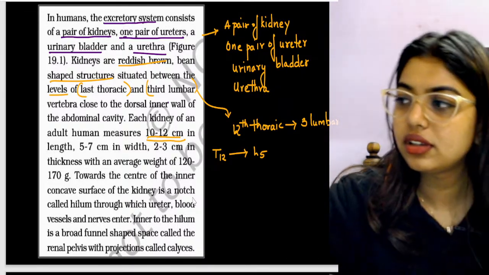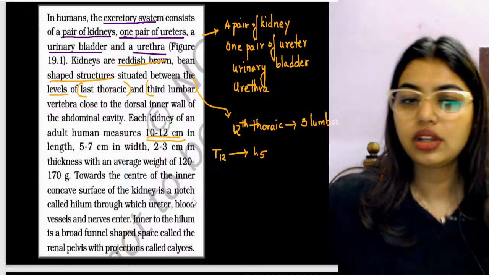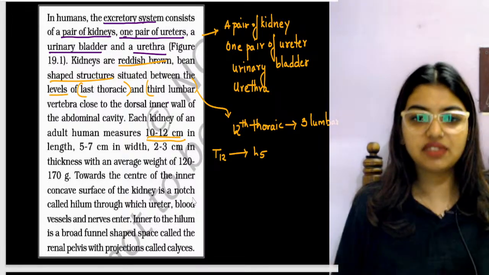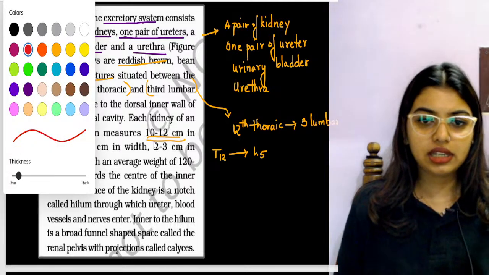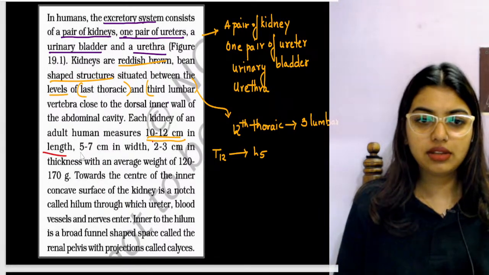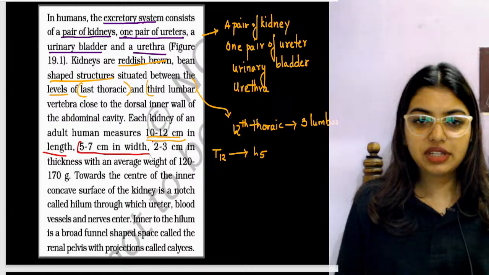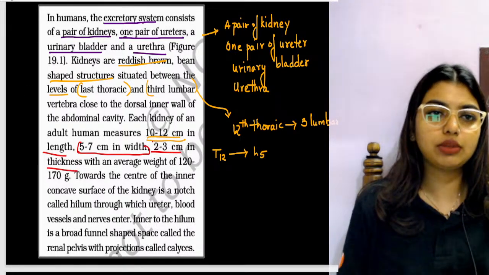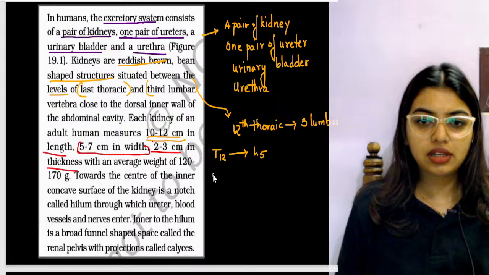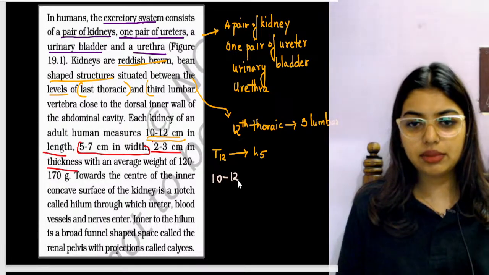So around 10 to 12 centimeters in length, 5 to 7 centimeters in width, 2 to 3 centimeters in thickness, and an average weight of 120 to 170 grams. So 10 to 12 centimeters in length.